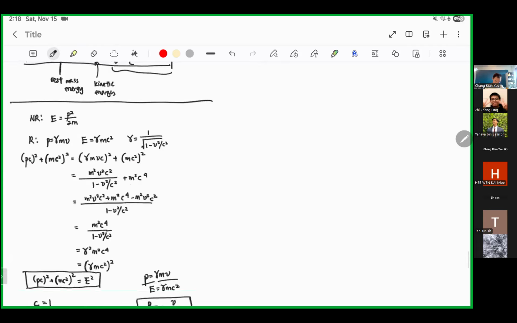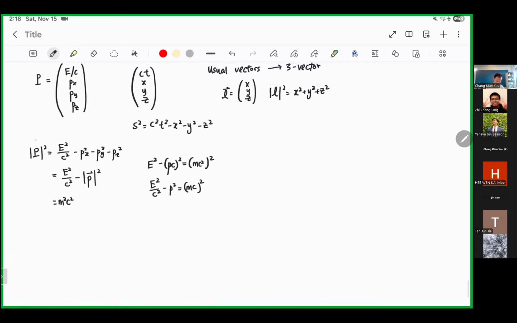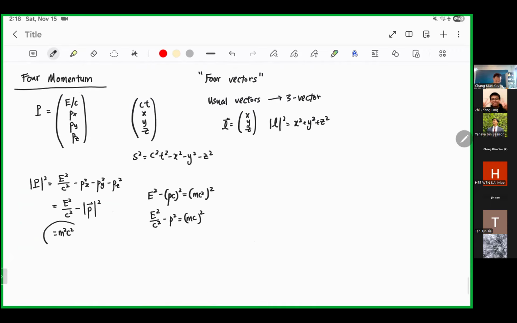Similarly, the norm squared of the four momentum is just the rest mass of the particle or object, so it doesn't change when you switch frames. Momentum and energy themselves change between frames, but the norm squared doesn't change when we switch frames.